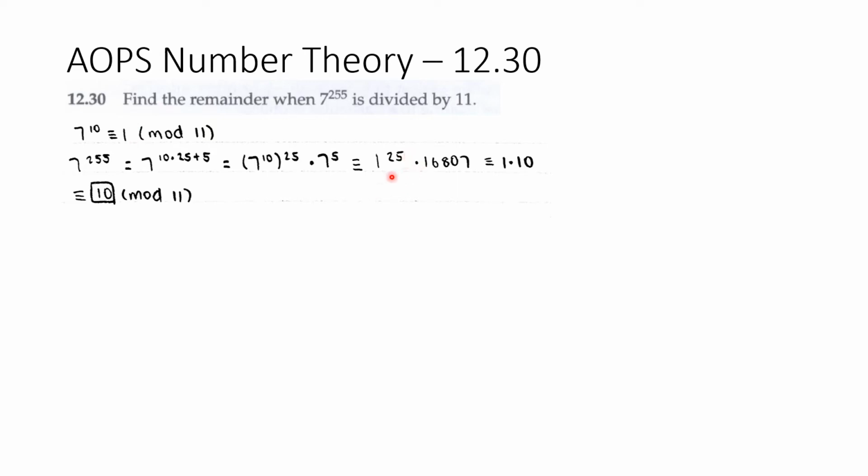So it's congruent to 1 to the power of 25 times 7 to the power of 5, which is 16,807, which is congruent to 1 times 10. Since this is congruent to 10 in modulo 11, the remainder is 10.